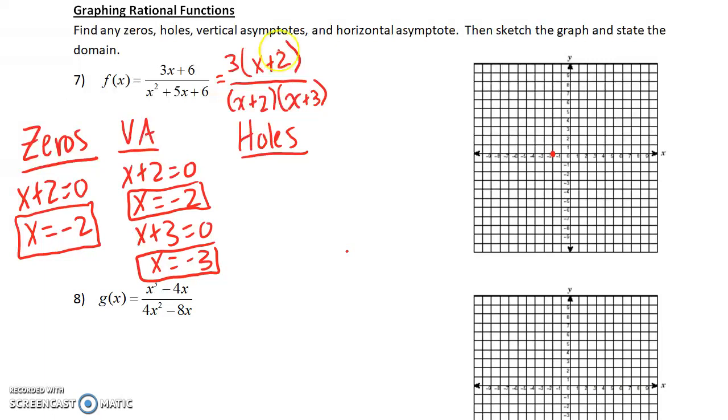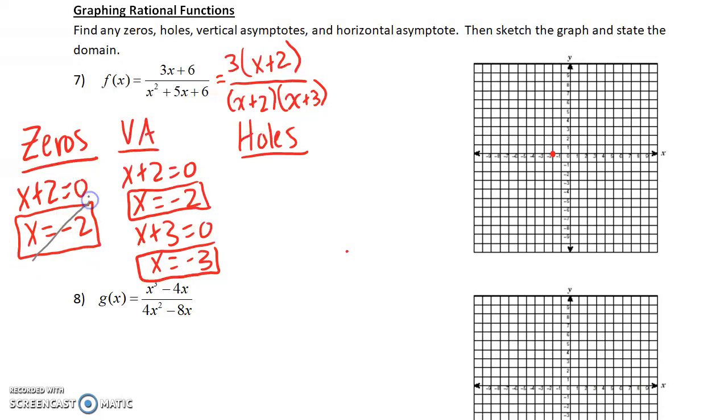So essentially when I set the numerator equal to 0 like we did here and set the denominator equal to 0, it's when that value shows up in both the zeros column and as a vertical asymptote. So if we go back to the zeros and the vertical asymptote, we see we have x equals negative 2 and x equals negative 2.